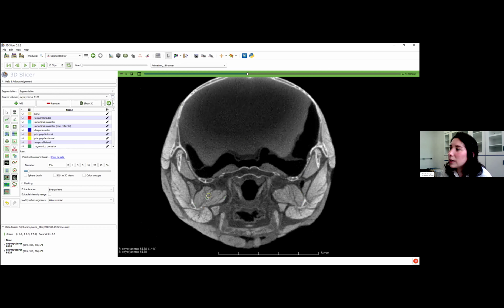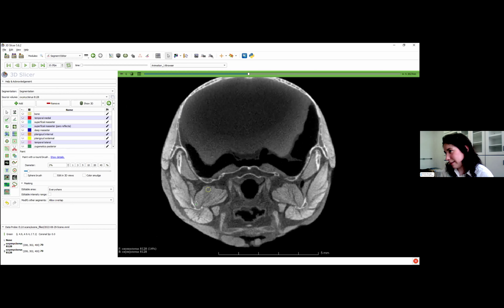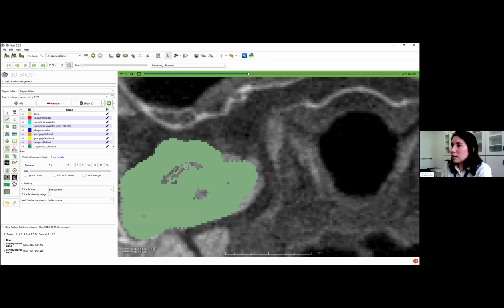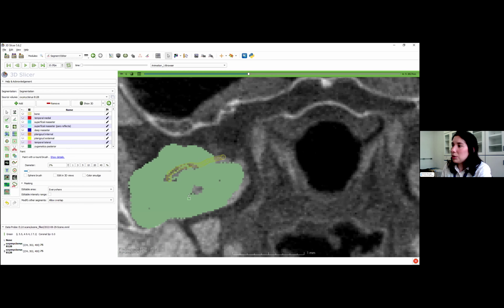So as I said, you can go slice by slice, or just jump some slices and do another one. Of course, try to be as detailed as you can. You can really go over the pixels and add more detail.